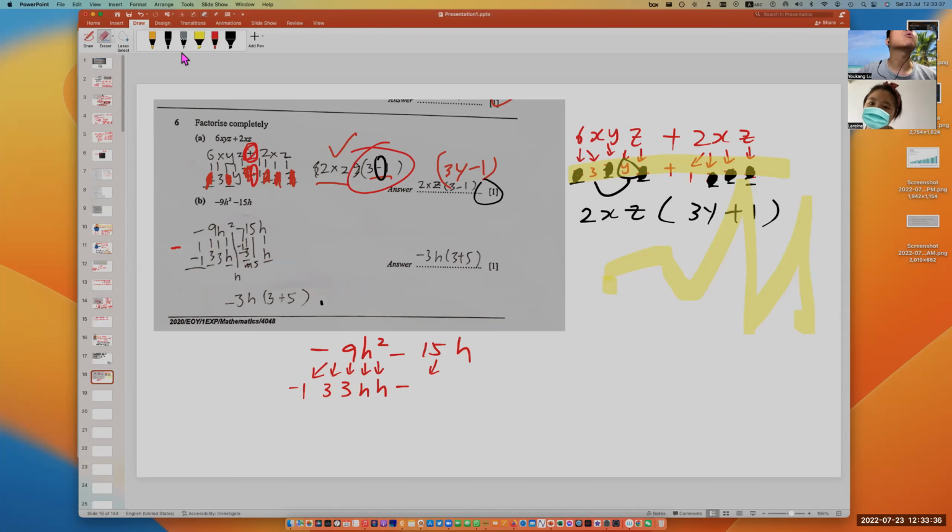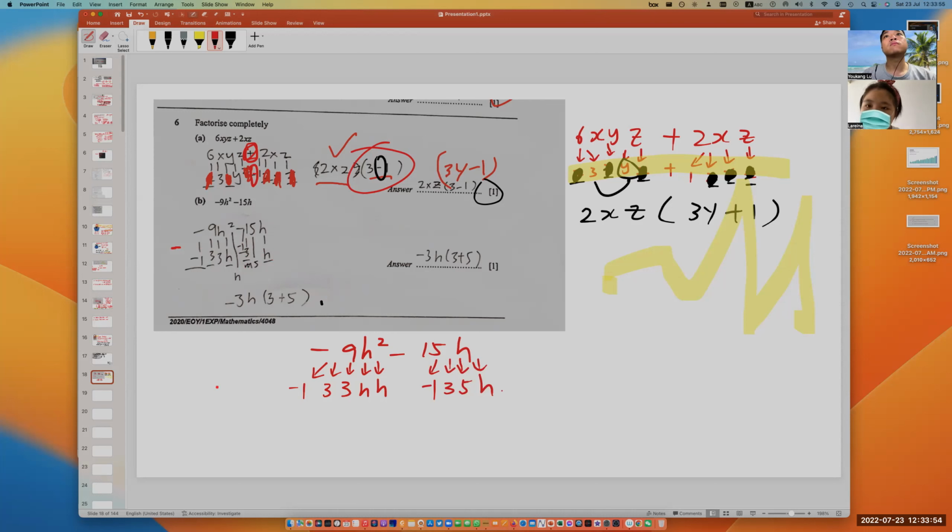I see minus 1. Let me just take out minus 1, 3, and 5, and H.